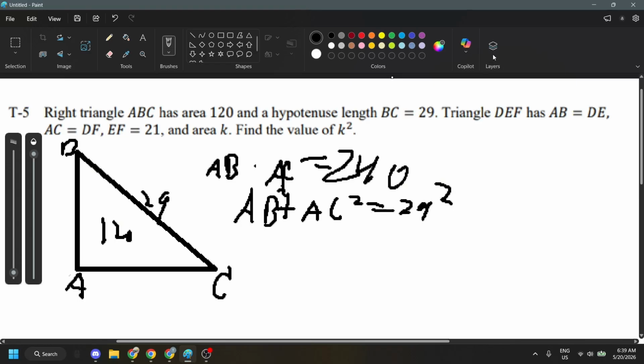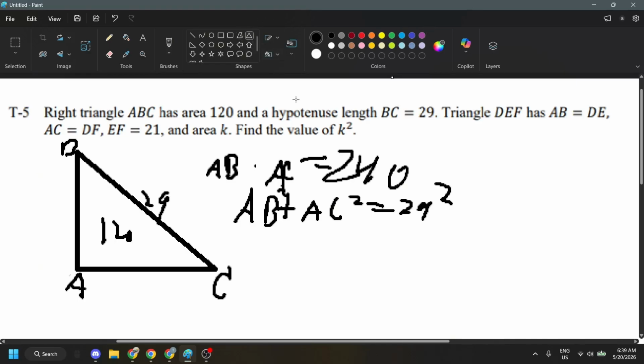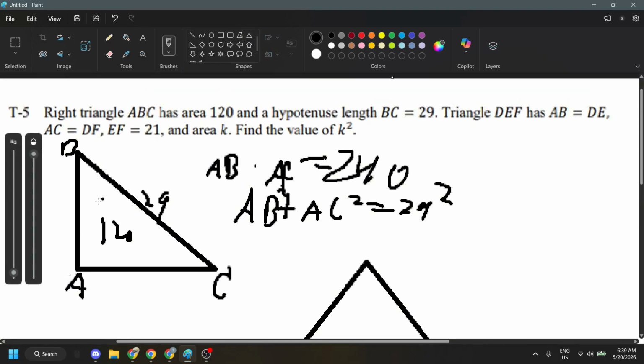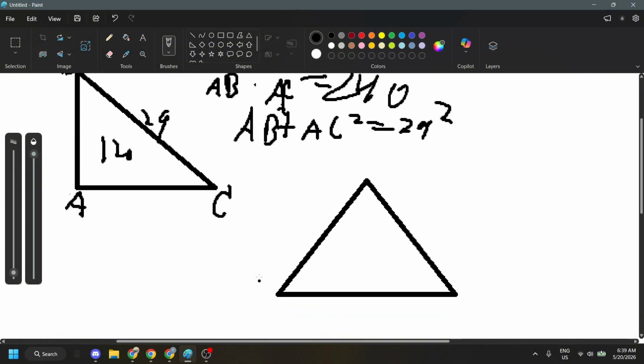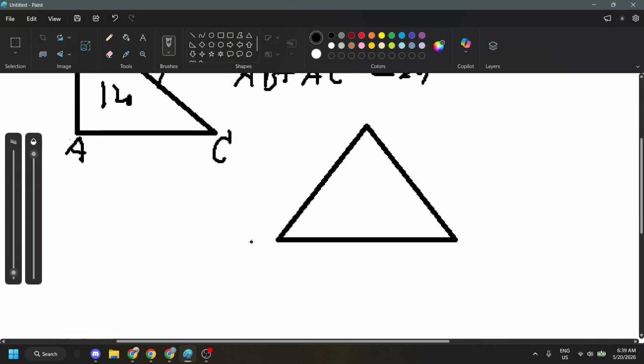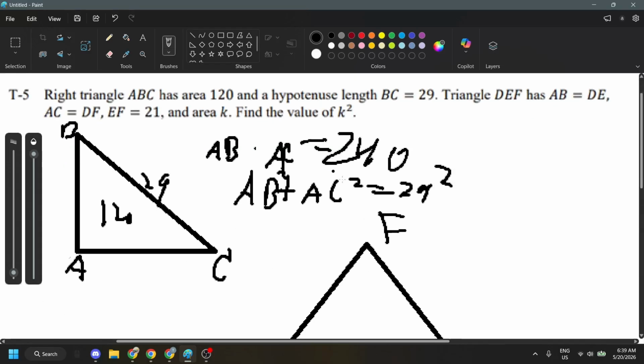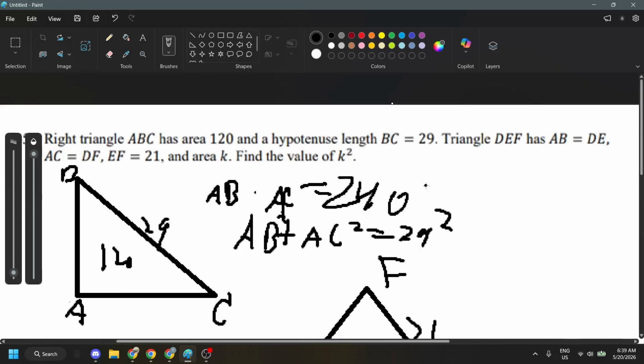Now we also know that DEF is another triangle. We don't know what it's shaped like at all, but we know that AC is equal to DF, and EF is 21.